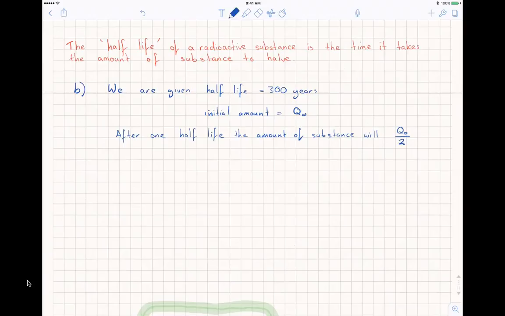So we're going to substitute these values into our formula. There's our formula. So we're letting Q of T equal half of the initial amount.